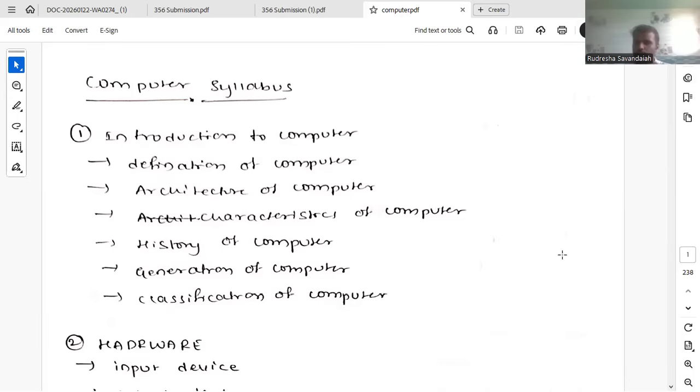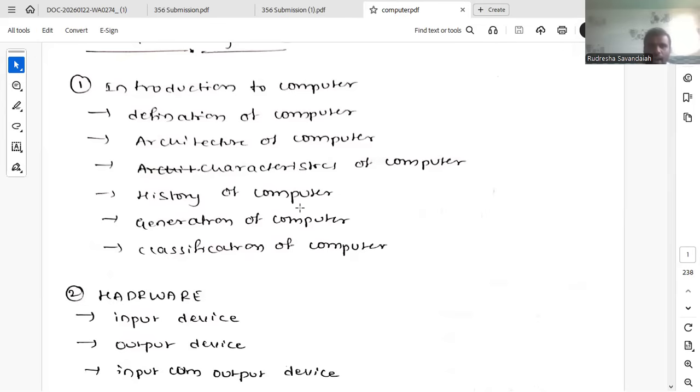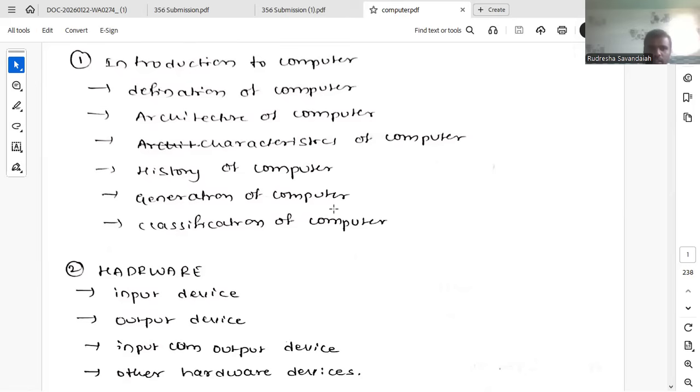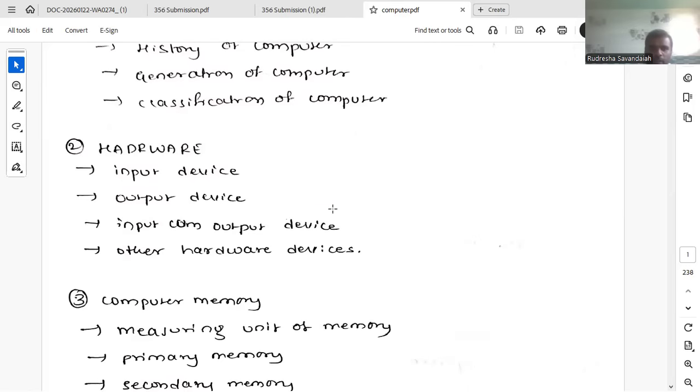First, I'll go for introduction to computer. First one is definition of computer, architecture of computer, characteristics of computer, history of computer, generation of computer, classification of computer. Next, second point, hardware.